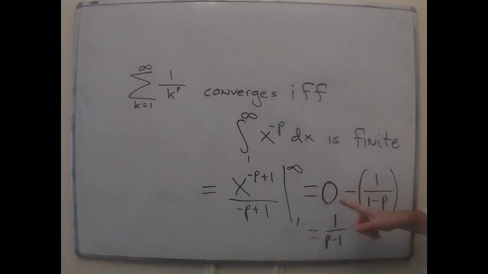You get 0 at the upper limit, and then you'll be just subtracting the 1 over 1 minus p. And then switch the order and take care of the minus sign, you get 1 over p minus 1. So basically the evaluation at the upper limit only works in the case we know is actually the situation. The p-series converges when p is greater than 1.